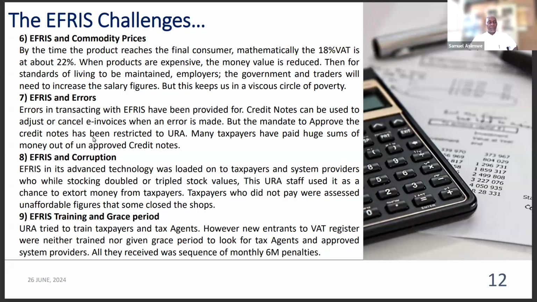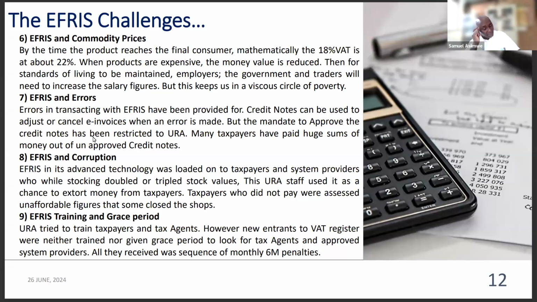Of course, when you register, the URA system will see that this person has registered, and they will know that you're on VAT, and you come into the bracket of the penalties and compliance, basically. So the training and the grace period to the new entrants is not given.